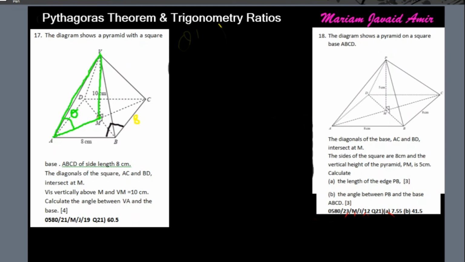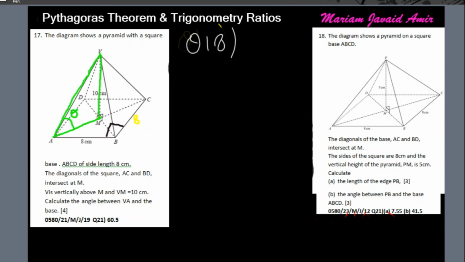Okay, question number 18, which is the diagonals of this intersect at M. There's a square of side 8 meters, and so on. Find the length of PB.